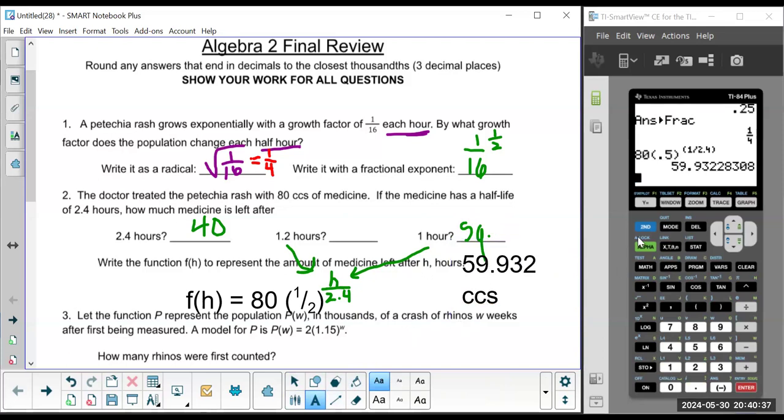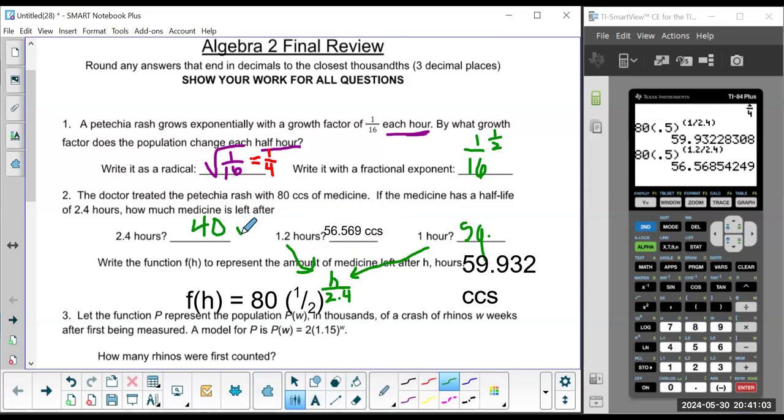And then for the 1.2, I'm going to type in the same thing, except make it 1.2 divided by 2.4 as my hours, and I get 56.569 cc's. I'll write that here. All right, so don't forget the unit like I did here, cc's. Okay, and then question number 3.